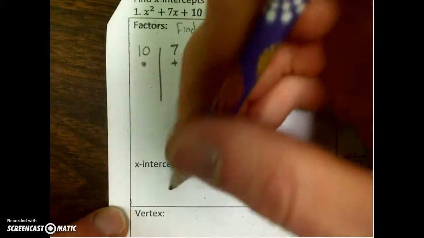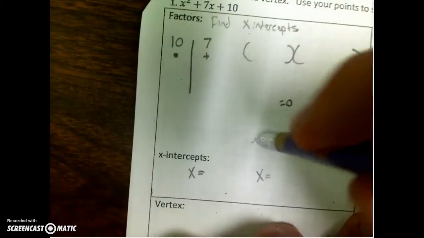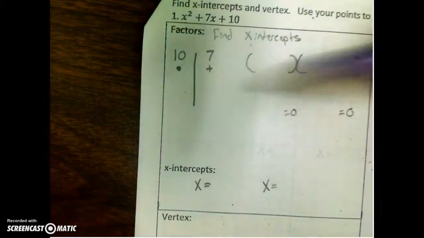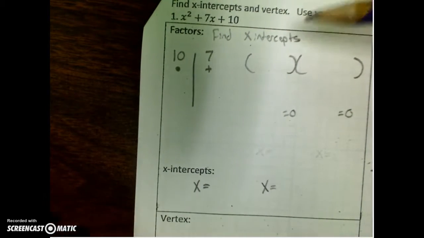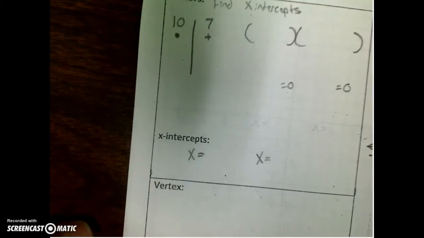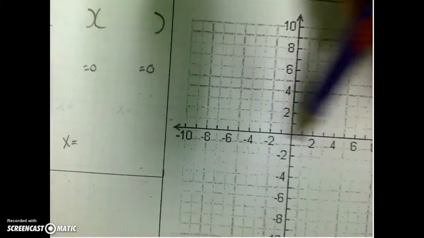Right, so these here, I guess I should have written them down here. Your x-intercepts will be found by factoring and solving, right? So you'll factor, just like we did on the first page. You'll set both pieces up equal to 0, and then you'll solve both of your x's. And that'll tell you the two spots here on the x-axis to plot your points. All right?